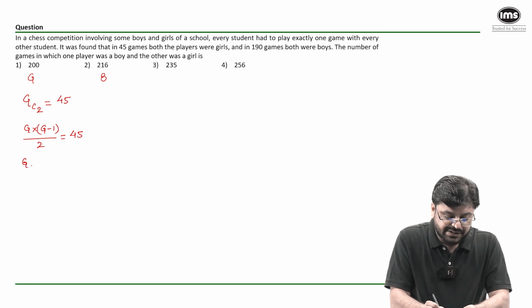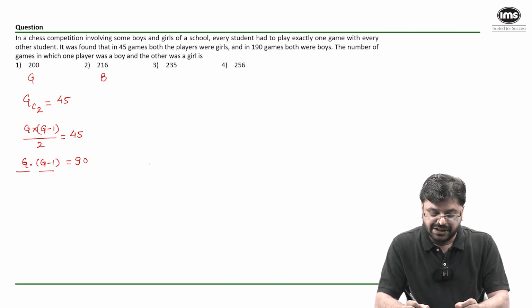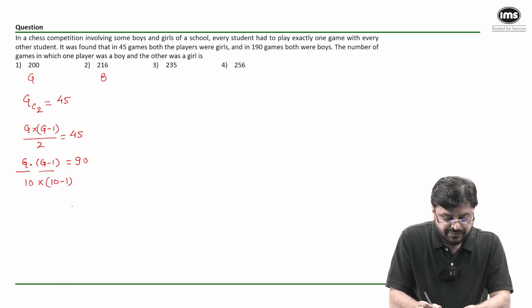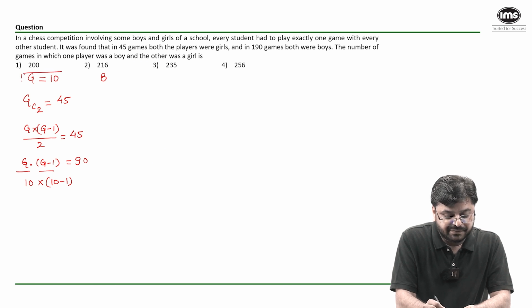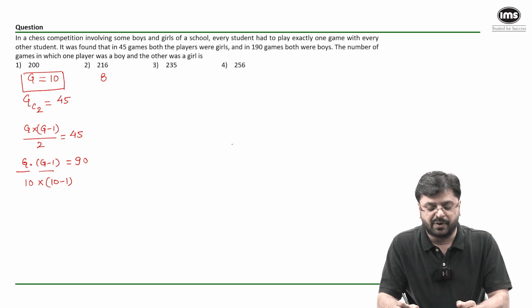Or I can also write this as G into G minus 1 equal to 90. G and G minus 1 are two consecutive numbers and the product is 90. So we can simply say that G is equal to 10 and this will be 10 minus 1. So the total number of girls were actually 10.